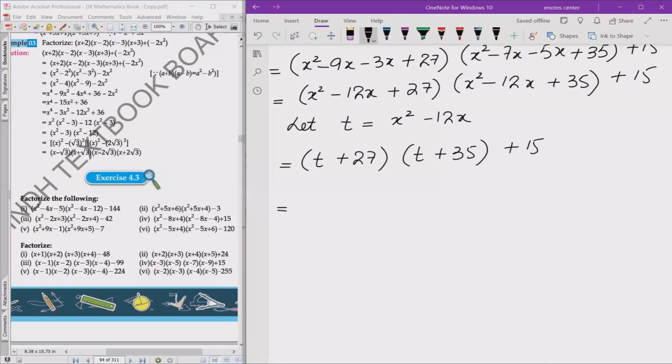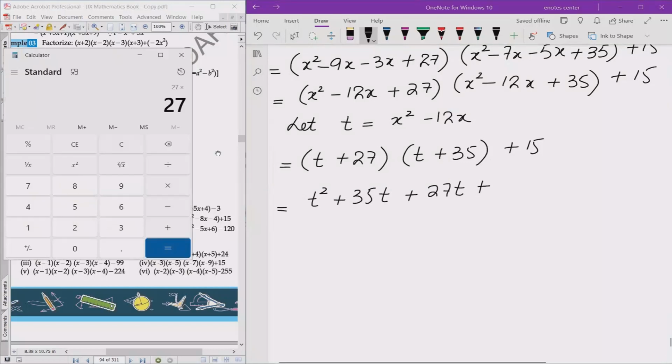And now we will simplify: t squared plus 35t plus 27t, plus multiply both terms, 27 multiplied by 35, which is 945, and this is 15, right?